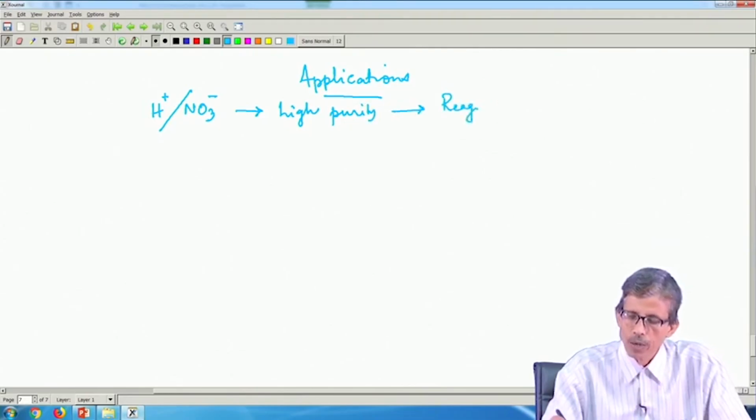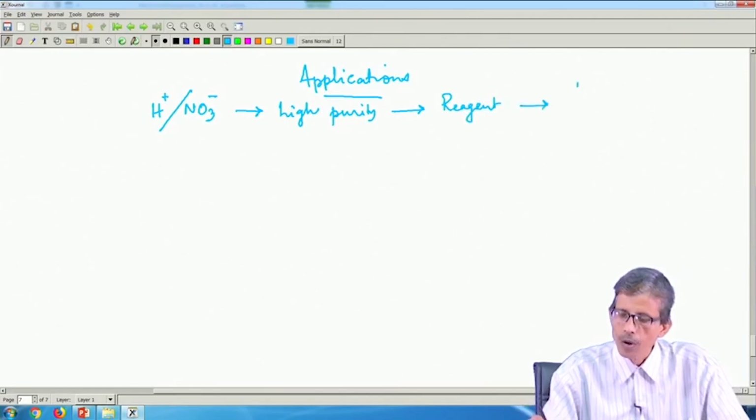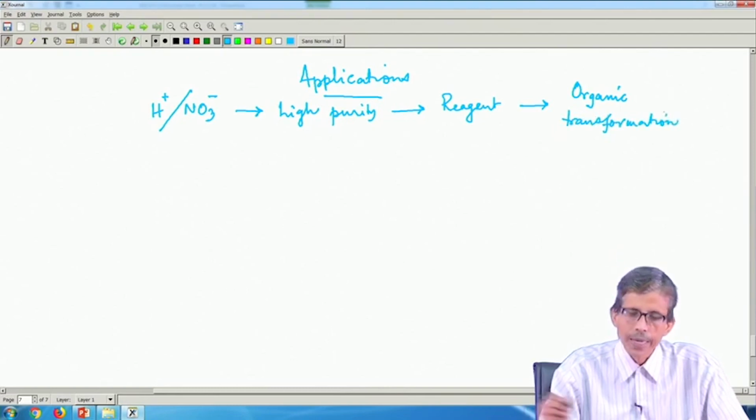Definitely it should be a guaranteed one also, for all different types of organic transformations, or any other thing where we can go for nitration reaction.